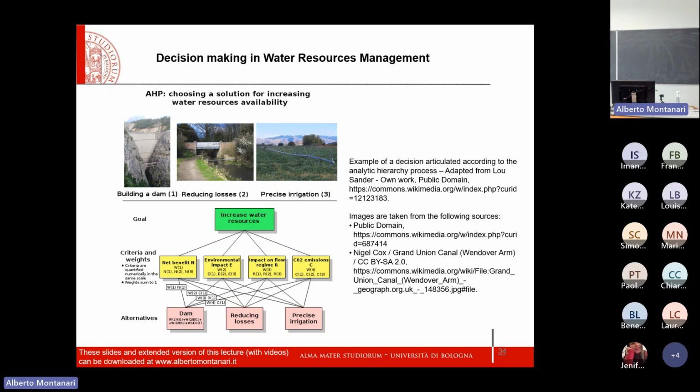And therefore, once I have evaluated the 4 criteria for the dam, I combine them with the weights. The value of each criterion for each solution is indicated here with the symbol N for net benefit, E for environmental impact, R for impact on the river flow regime, and C for the CO2 emissions.